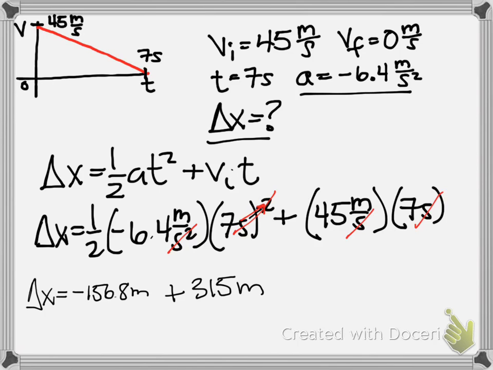Right? 315 minus 156.8. 158.2, sorry. Meters.